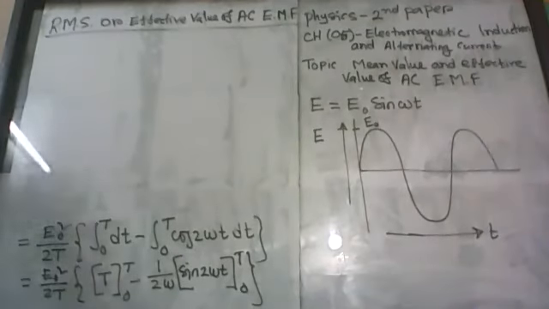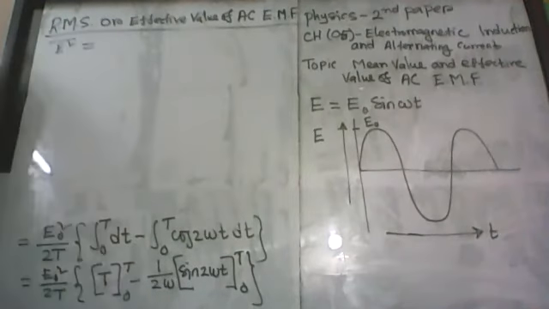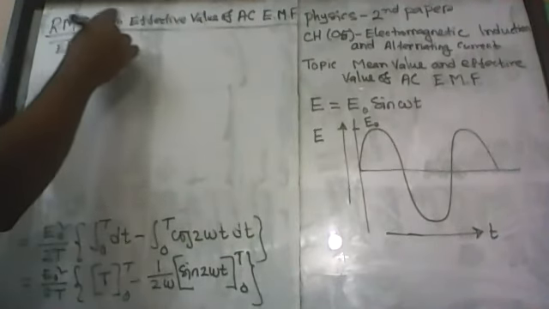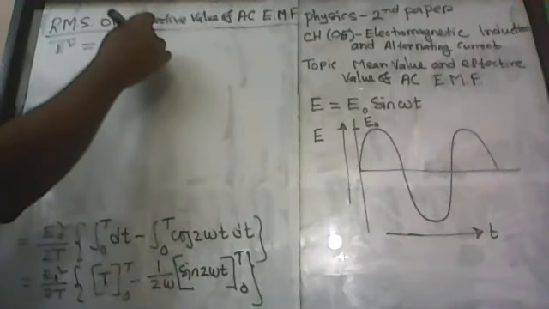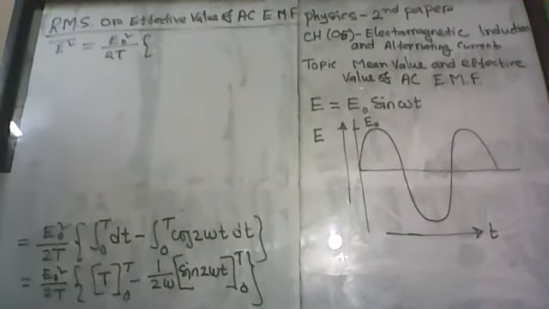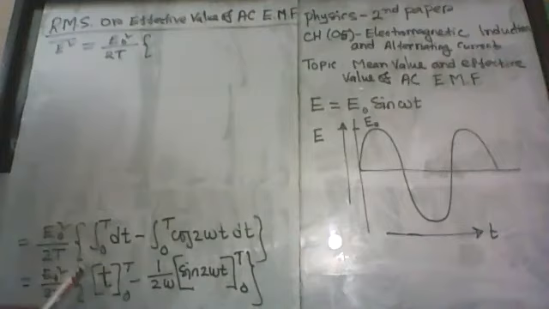So I'm just going to find E square average, which will equal E naught square divided by 2 into capital T. At the place of small t, you must use the upper limit with the negative sign, and then the lower limit.